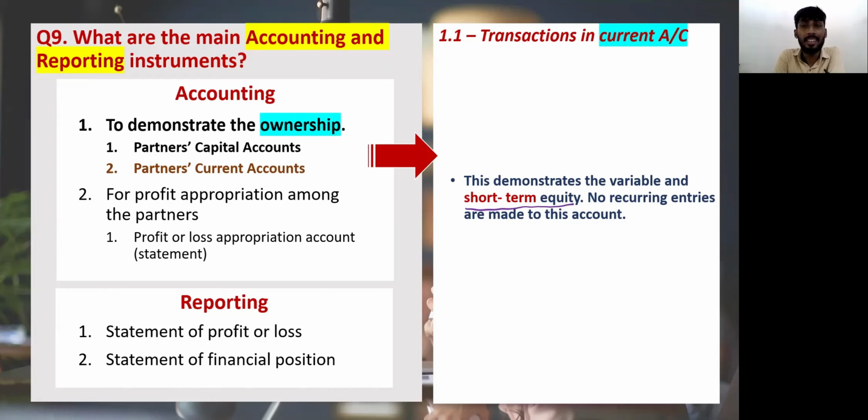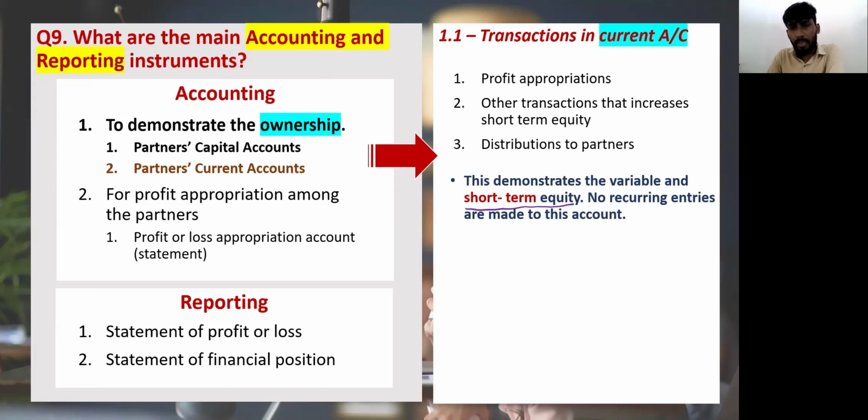There we mainly record the profit appropriations. You will learn the ways to do the profit appropriation in a while. All these profit appropriations are recorded in the current account.